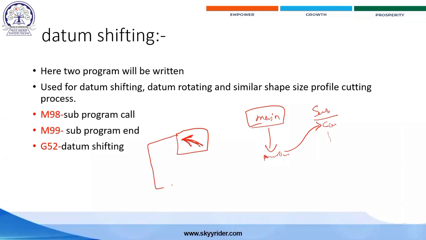But in a different corner of the workpiece I need the same thing performed. If I write one program for this, then another below it, and another after that, the program will be lengthy and take lots of time. So there we use datum shifting operations. The code is written only once, and this same code is called for all the other three corners.